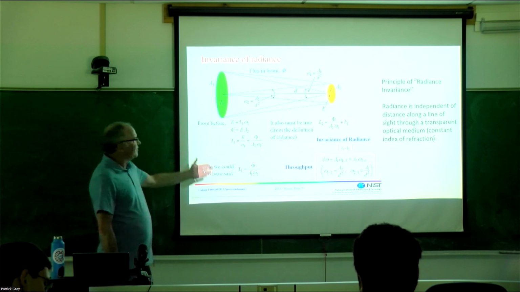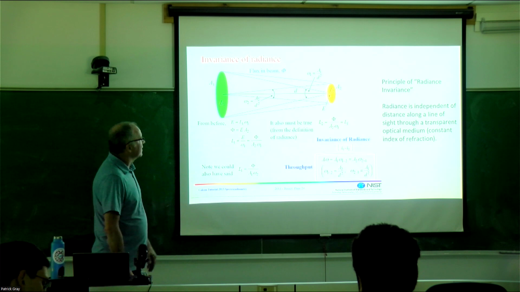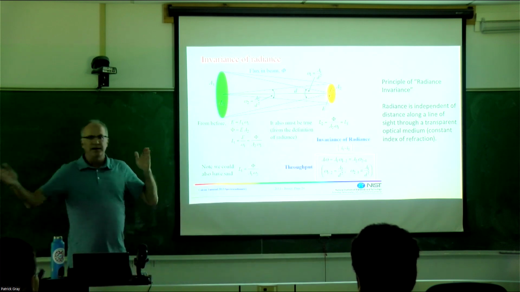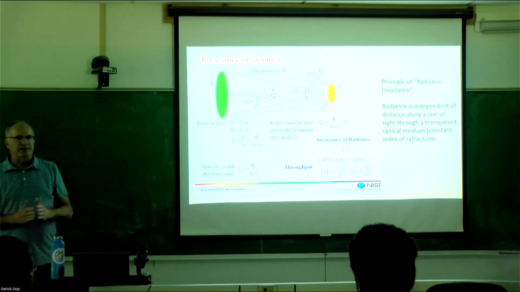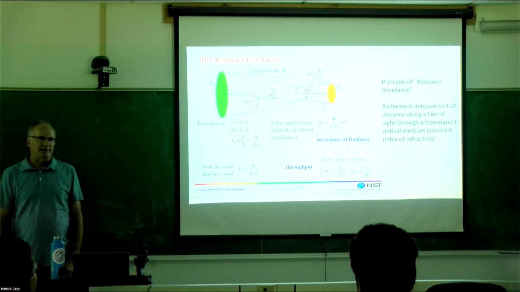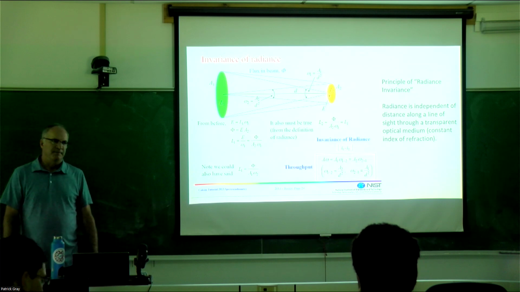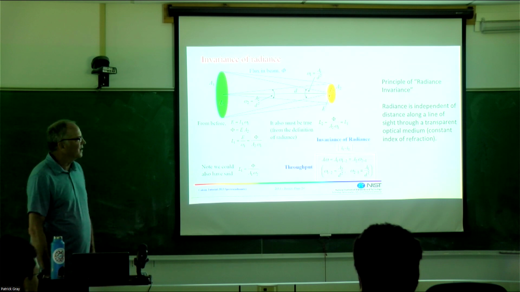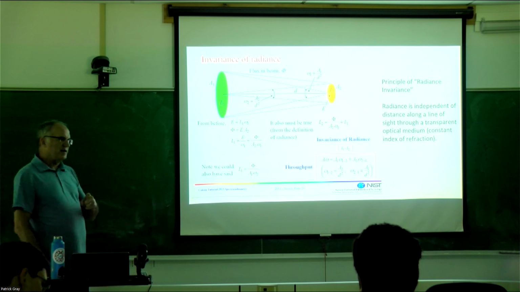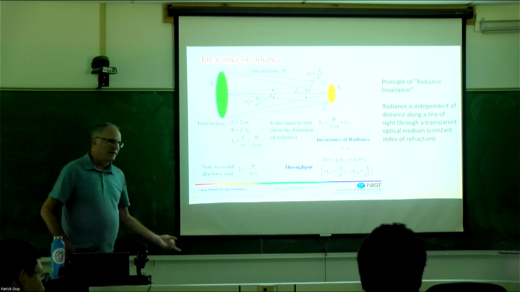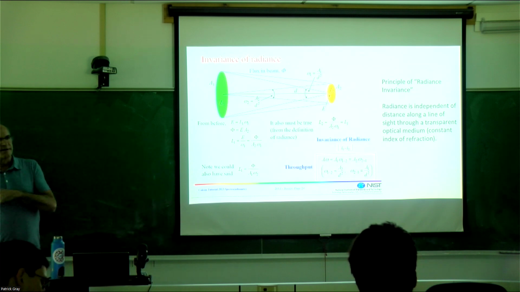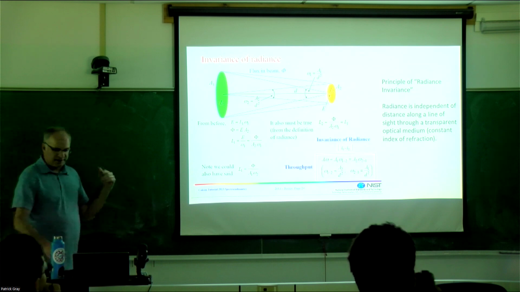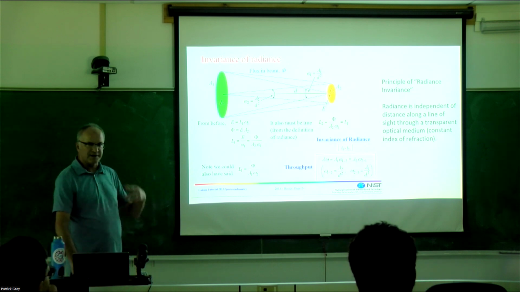Basically, it's saying if I've got radiance coming in this direction, and I look back at this direction, it's the same no matter what. The same radiance is being transmitted across a line of sight. So that's the principle of radiance invariance. It's good to keep in mind so that you don't have to do corrections downstream when you're trying to do calibrations. And I'll show you that in Friday's lecture too.